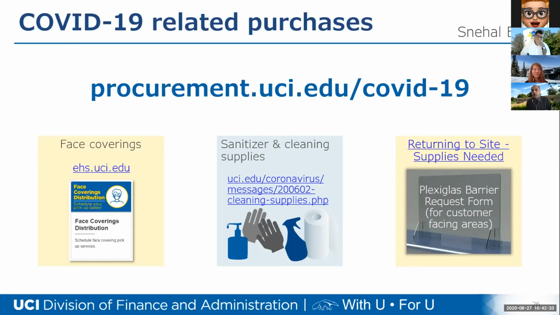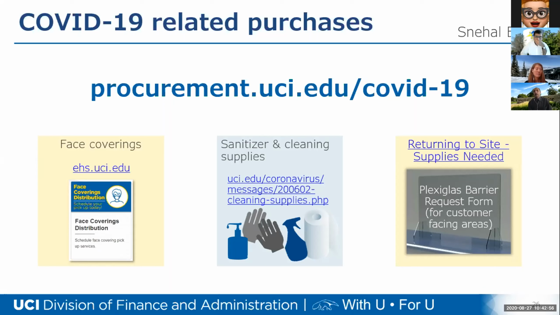We also are providing the plexiglass barriers. Primarily right now, they are allocated for customer-facing counters. So if you have counters in your offices that are customer facing, you can request plexiglass barriers by going to the EH&S website. It says returning to site supplies needed.